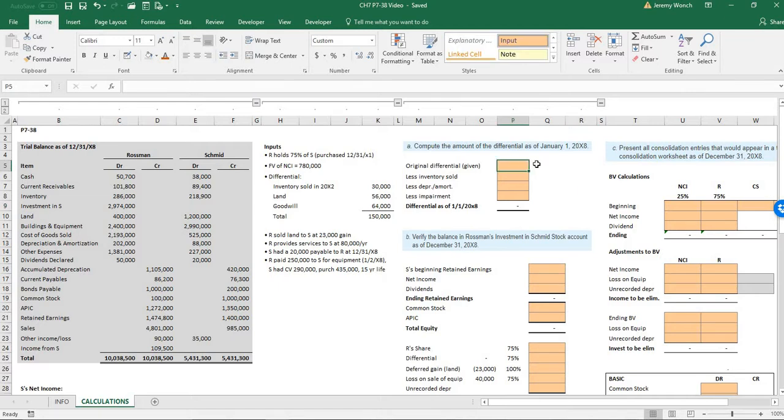And so okay, it tells us what the differential was when we bought it, and that's $150,000. Now we have to adjust that for things that are going to change those differential items. So what's going to change inventory, what's going to change land, what's going to change goodwill. And what changes inventory is if we sold it. So we want to go ahead and reverse out that inventory that we sold.